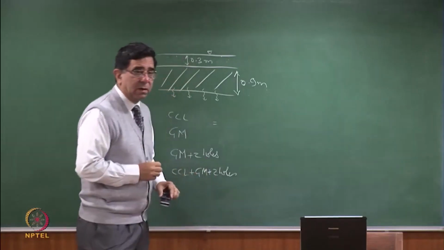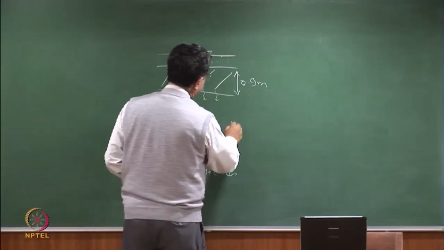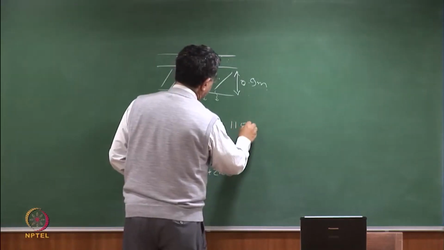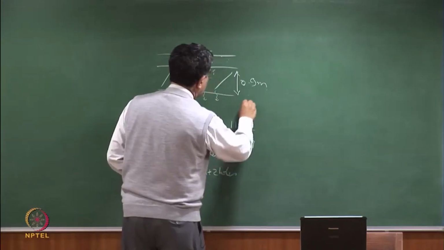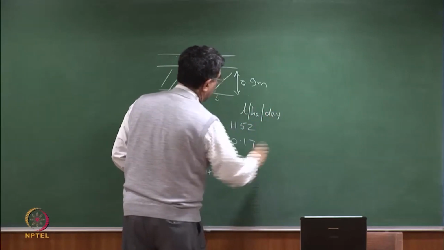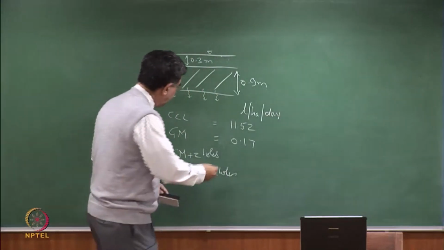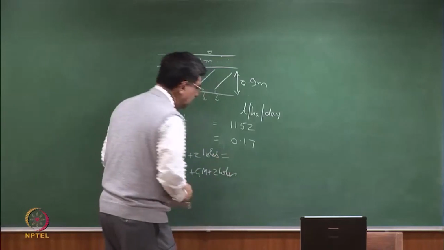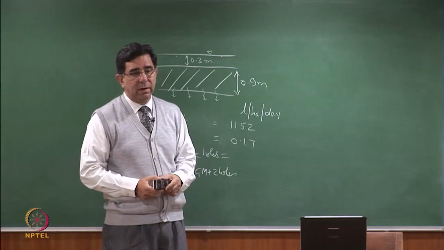For compacted clay liner we had got 1152. What do you get for geomembrane with 2 holes? 0.29.